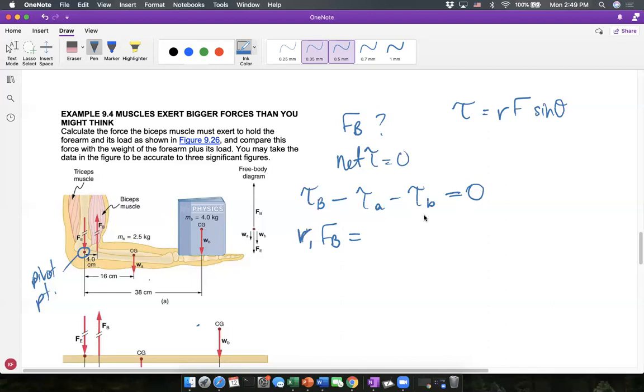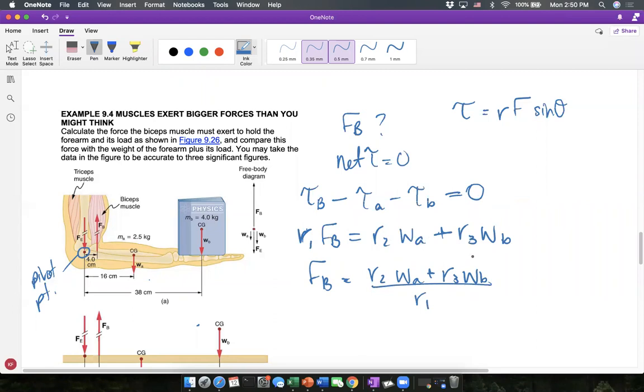So this is going to be R2 times our force, which is WA, and then plus our R3 times weight B. If we solve for our force here, we get R2 WA plus R3 WB divided by R1.